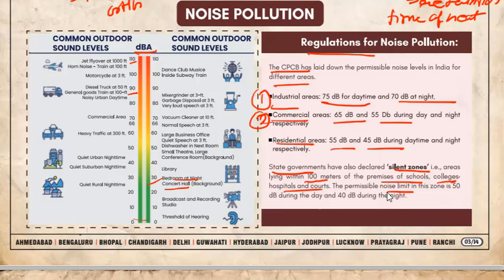The noise limit in this zone is 50 decibels during the day and 40 decibels during the night. In comparison to any other area, it is very less. Silent doesn't mean there is no sound; it means the limit for noise is less. So you understand, we measure all this in dB, which is decibels.